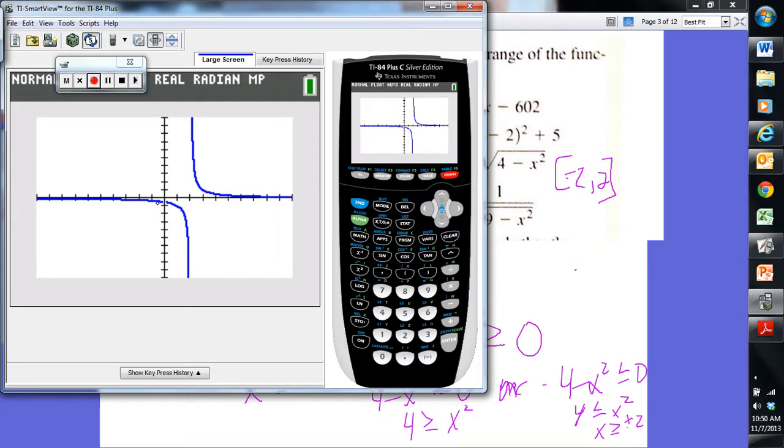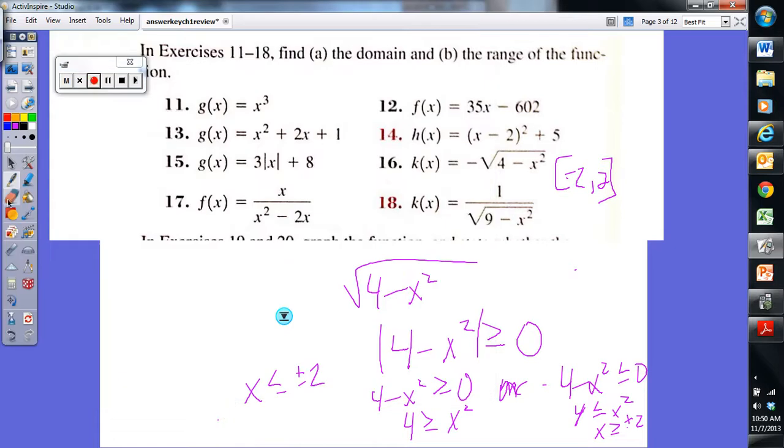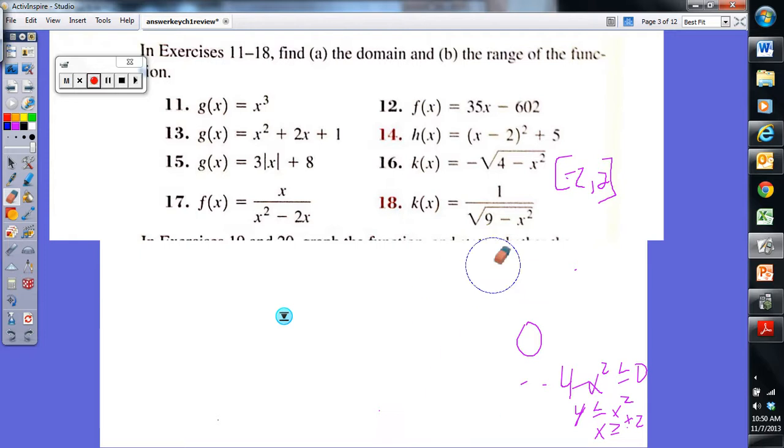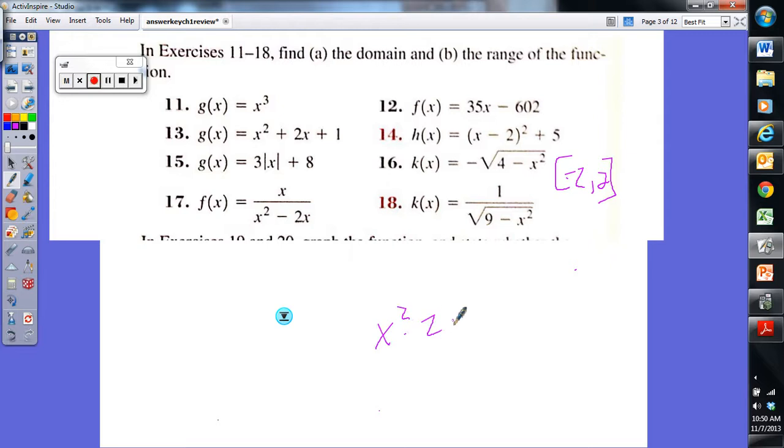And you can kind of see right here that the graph splits a little bit when x is 0. Because remember, whenever you want to know the domain of a fraction, you must set the denominator equal to 0. So x squared minus 2x equals 0. When x equals 0, the function is undefined, and therefore that is not a member of the domain.